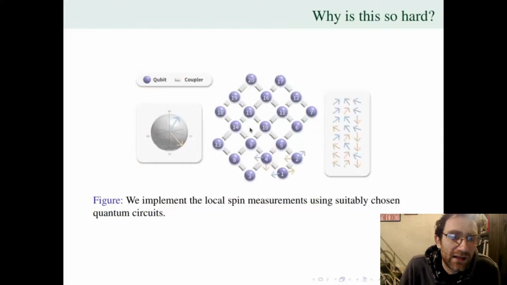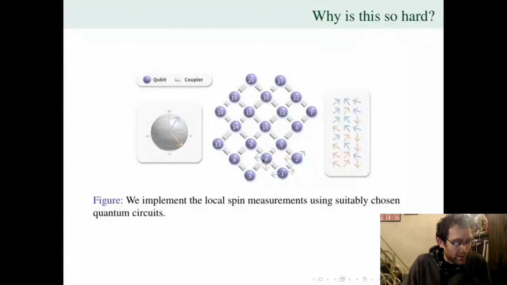This is a schematic picture where the connectivity of an IQM processor is shown. For example, suppose that you choose qubits 1, 4, and 2.